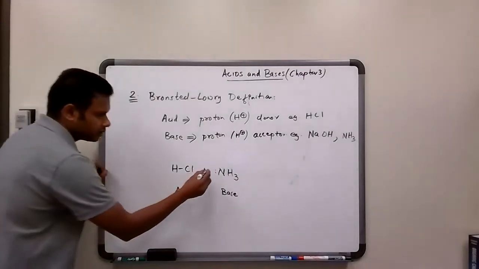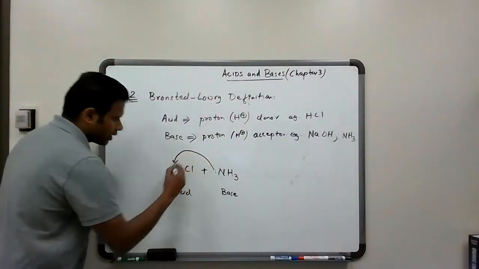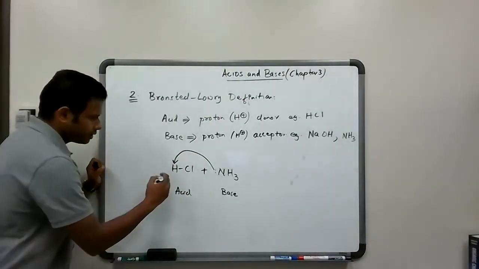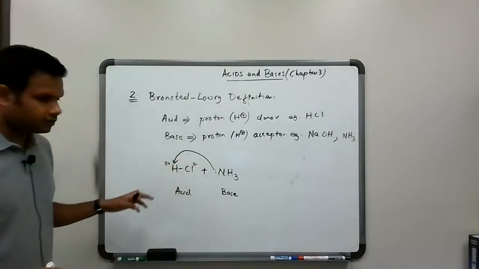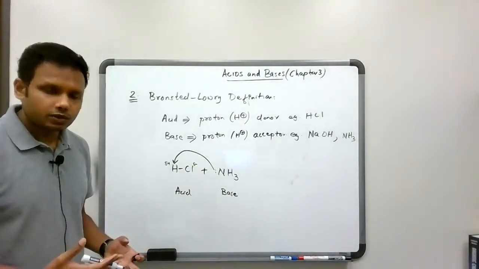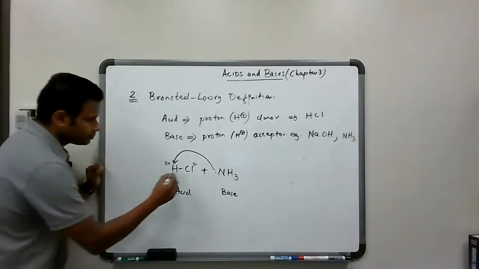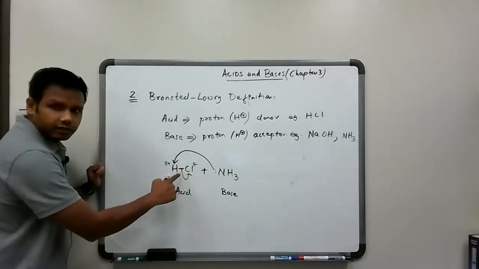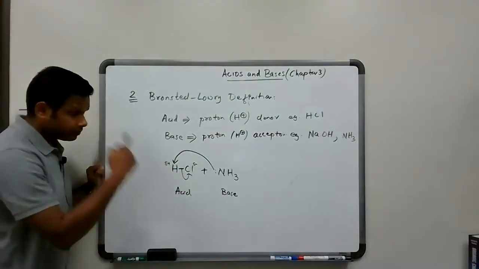So what happens here is the lone pair on the nitrogen grabs that proton from the acid, because again this H is delta plus and the chlorine is delta negative, partial positive, partial negative. You do not have to show these charges, but I'm just showing it for clarity here. It accepts the proton, and electrons from that bond go to the chlorine, pretty similar to what we did earlier.